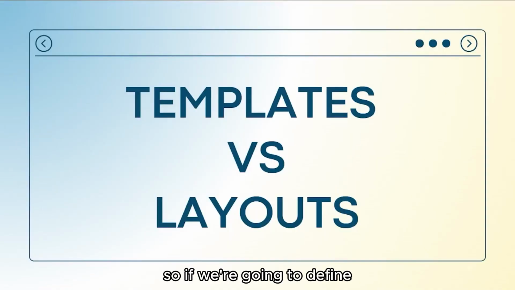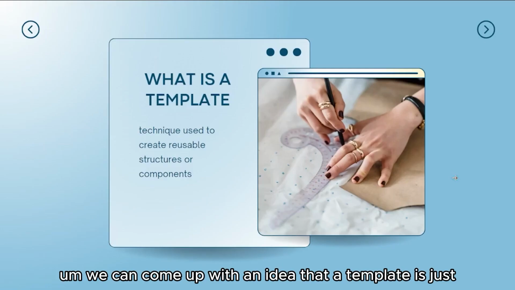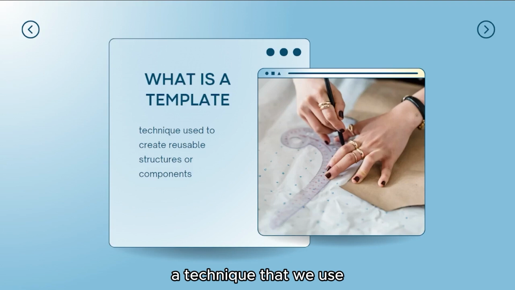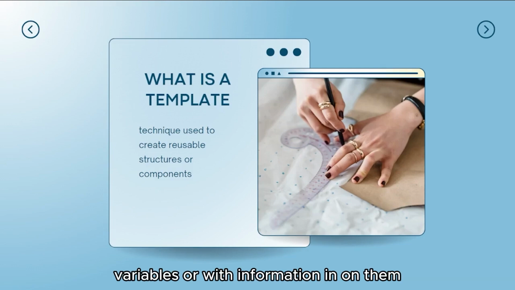So if we're going to define and compare templates from layouts, we can come up with an idea that a template is just a technique that we use to create reusable structures or components within web pages. This involves defining, we can say, placeholders for any dynamic content that we want to be displayed with variables or with information on them.